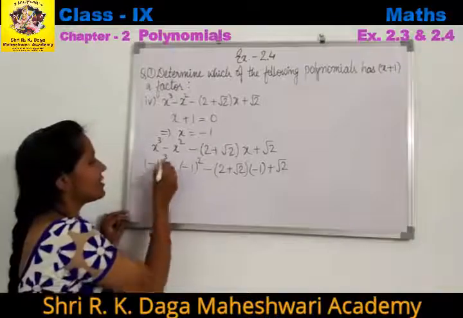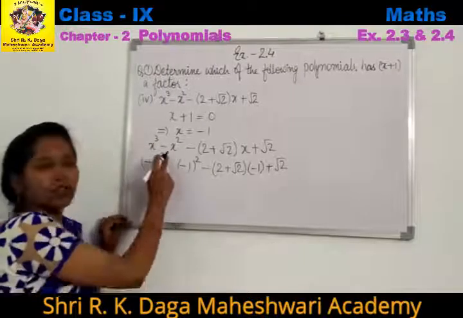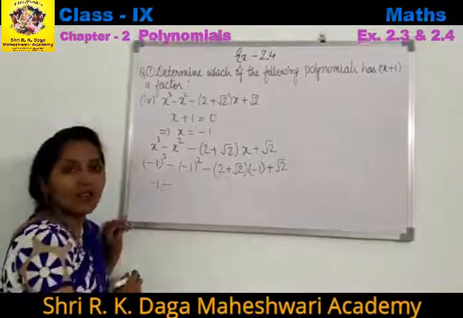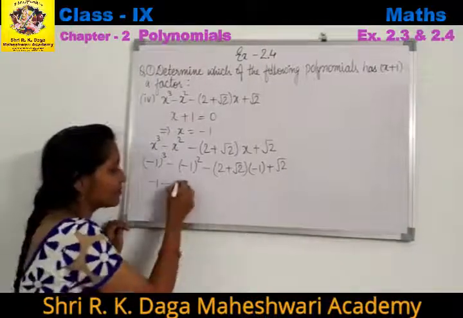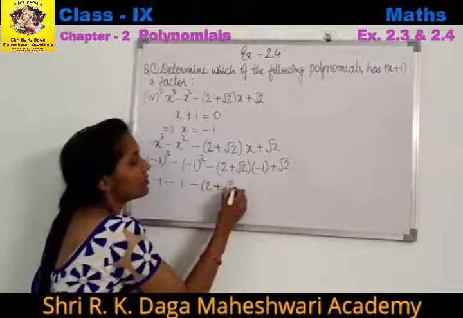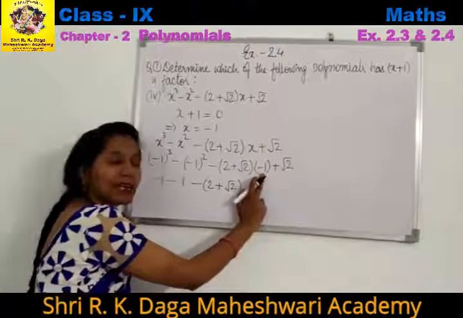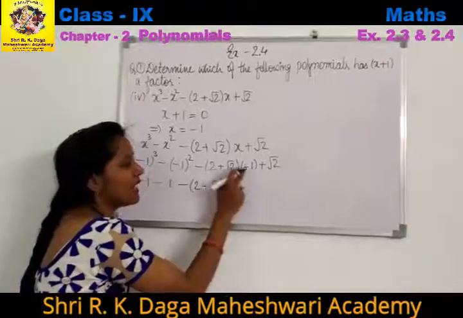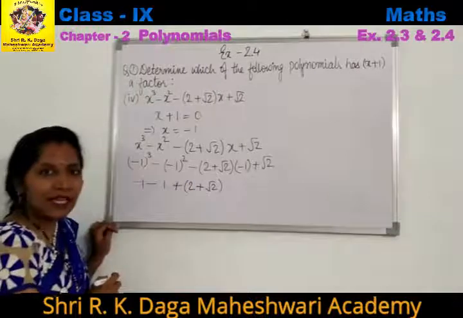Now when we solve this, we get minus 1 cube is minus 1, minus 1 square is plus 1, minus 2 plus under root 2. But when we multiply this by minus 1, this minus and minus sign will become plus sign.